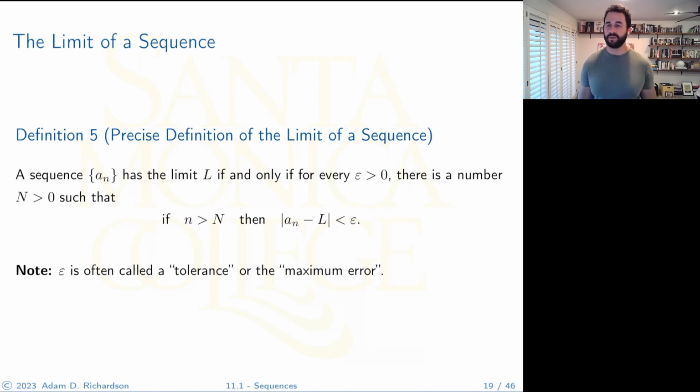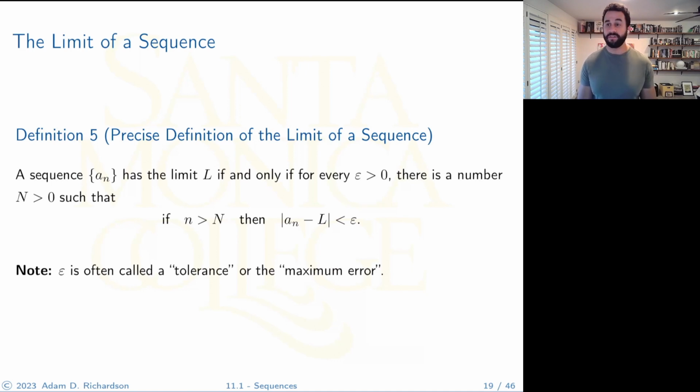Epsilon is often what we call a tolerance or a maximum error. You can think of epsilon as being how far you're allowed to be off. And what this is saying is that the actual error that you're encountering here, the difference between your sequence and that limit, is smaller than any tolerance that you're given. That's what it's saying.